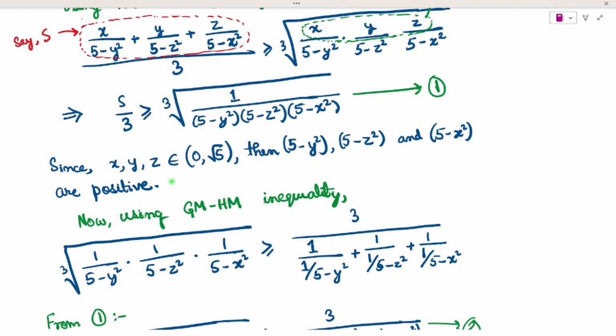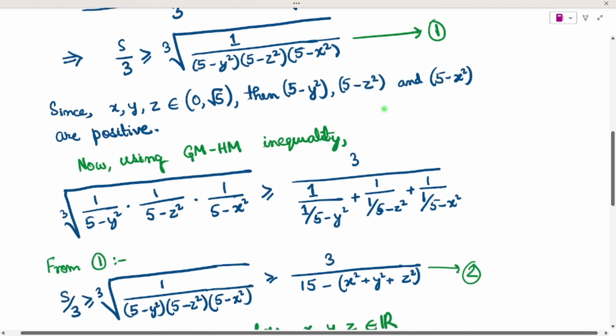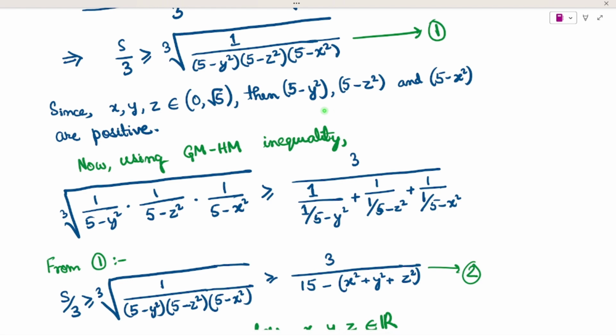We have already said that since all these are less than root 5, their squares will be less than 5. So these terms are positive. So, since 5 minus y square, 5 minus z square, 5 minus x square are positive, then we can easily say that their reciprocals, which are 1 by (5 minus y square), 1 by (5 minus z square), and 1 by (5 minus x square), will also be positive.